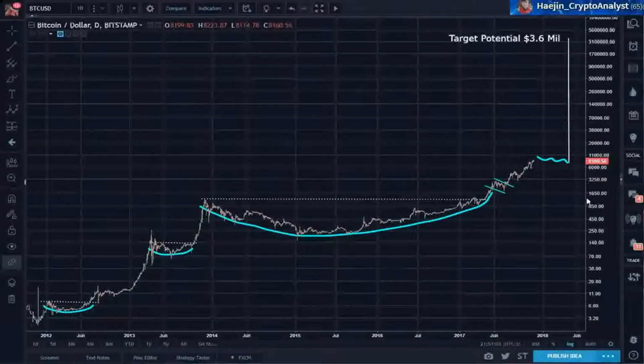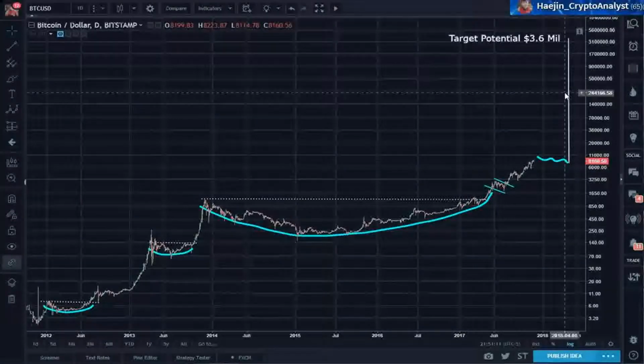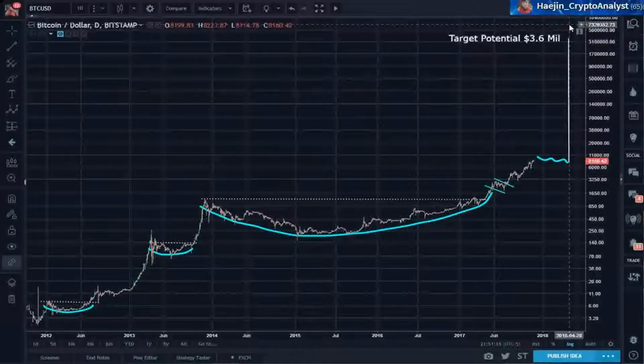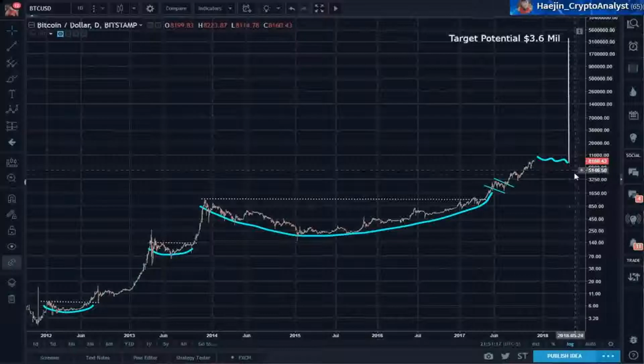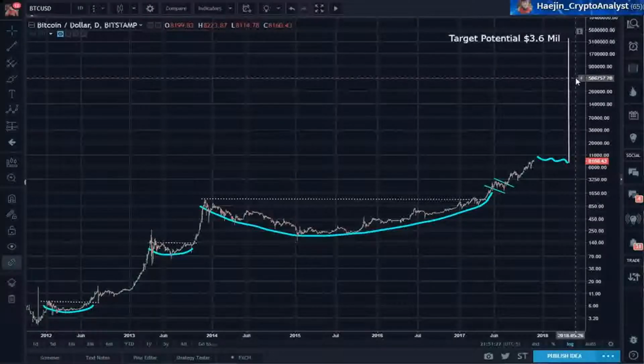Now, in this environment, even if it goes to just 500,000 or 200,000 or 1 million, maybe 10 million, the point is, as Bitcoin does this on the vertical scale, on the vertical phase, what do you think will be happening to the altcoins?